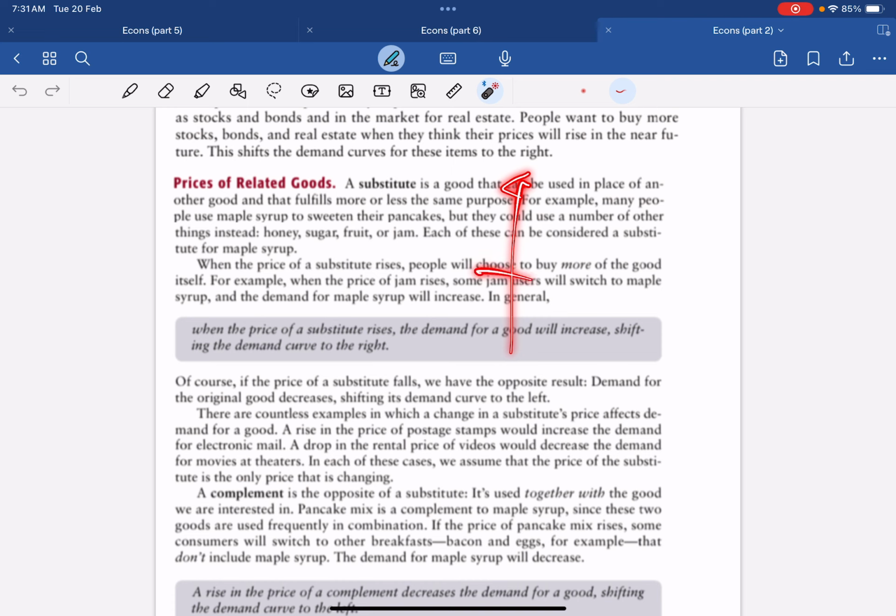An increase in demand is illustrated by shifting your demand curve right. Because now, at a given price, you want to increase your quantity demanded.